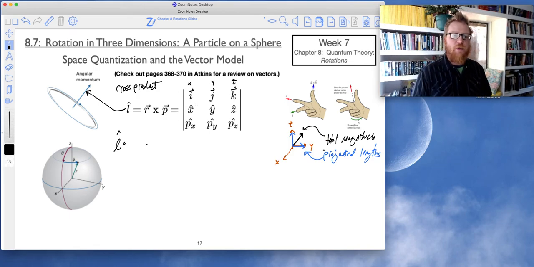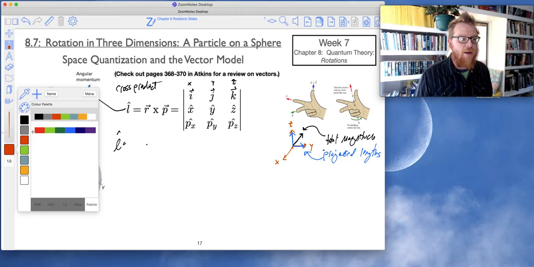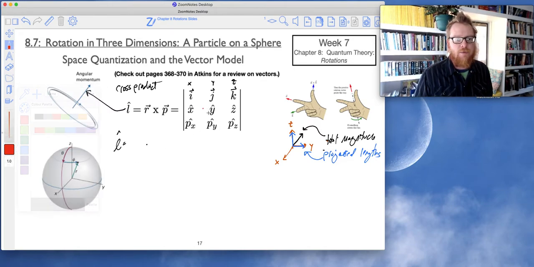The way I do this, if I start with i, then I go down the diagonal, and that's going to be y times pz minus z times py. I'll put that in red so that we can see what's going on. We start at i, and we go to y.